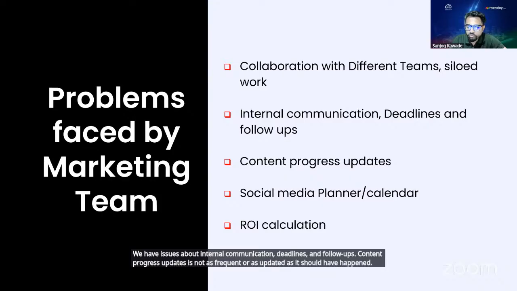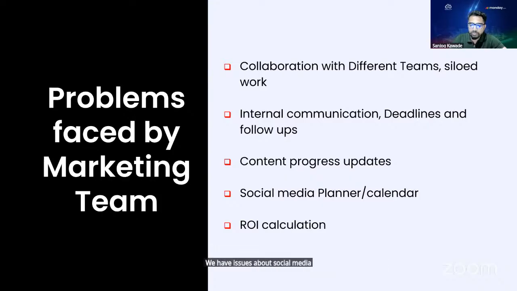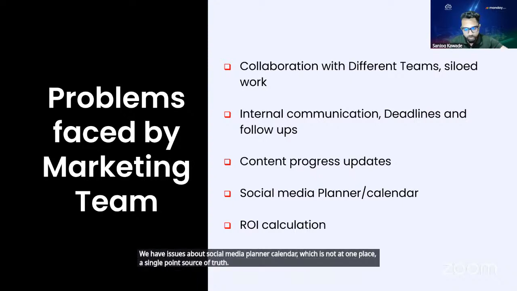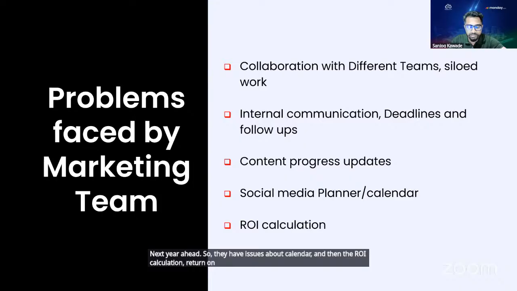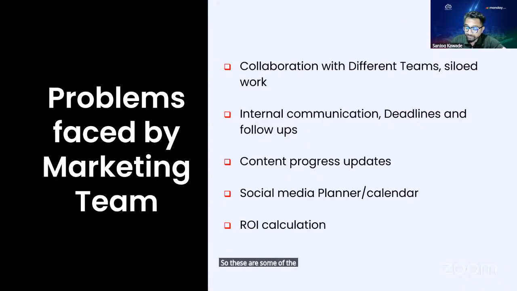We have issues with the social media planner and calendar, which is not in one place as a single source of truth where all the teams can access the plans for the next month, quarter, and year ahead. Then there is the ROI calculation, return on investment, which is of utmost importance. So these are some of the issues that we identified marketing teams face.